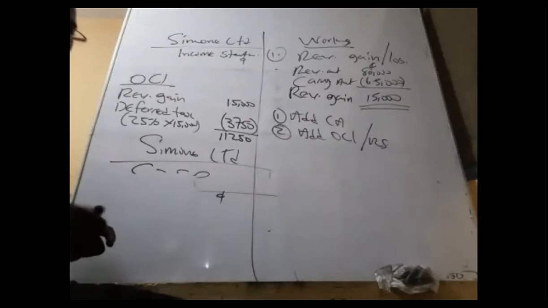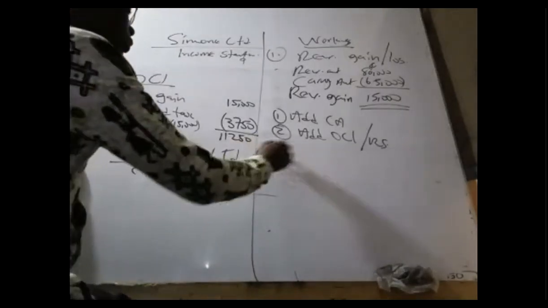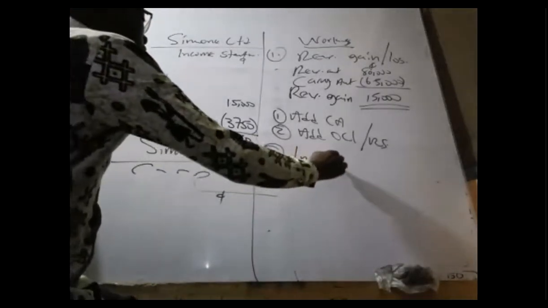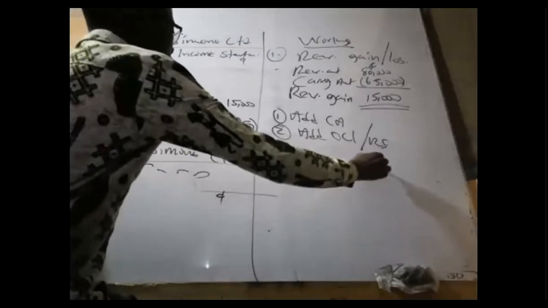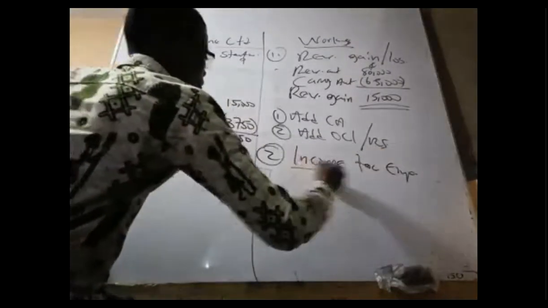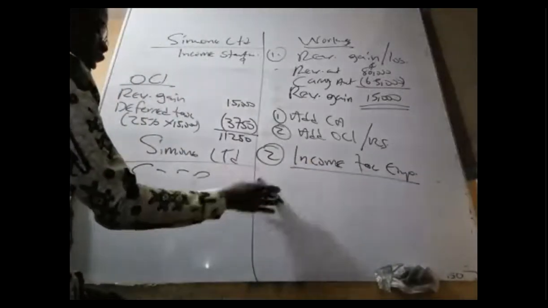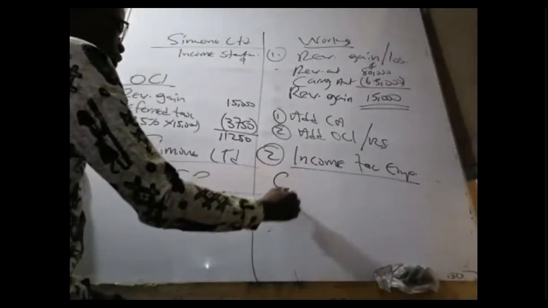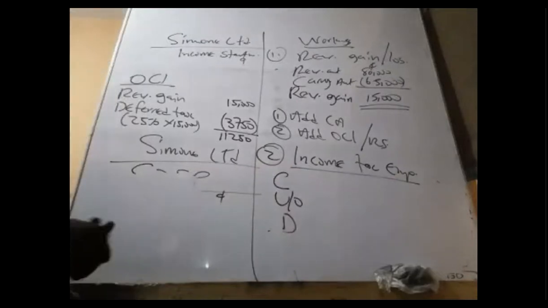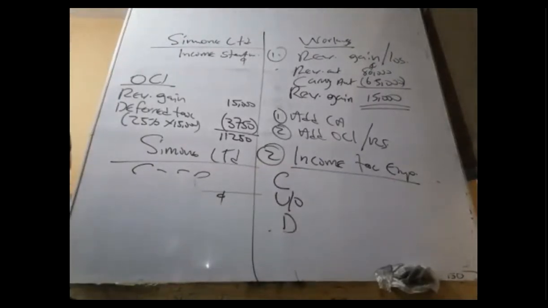How do you calculate the income tax expense? That's working number 2, the income tax expense. We say it's made up of the current year tax, then over or under provision, and then deferred tax. The deferred tax is the movement. Let's pick the current year tax from the question.